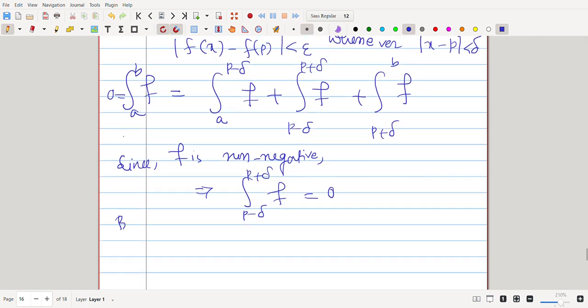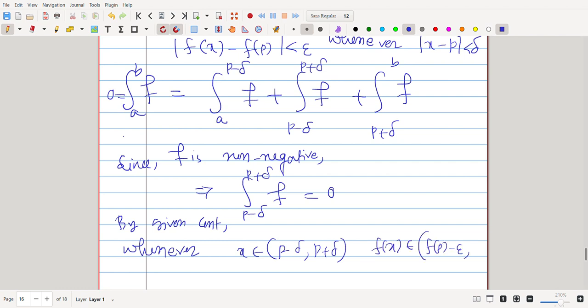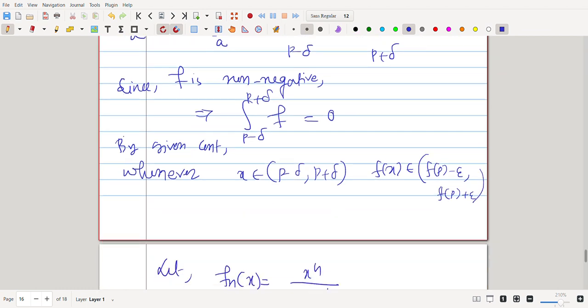Now by the given condition, whenever x belongs to (p minus delta, p plus delta), f(x) belongs to (f(p) minus epsilon, f(p) plus epsilon), right?